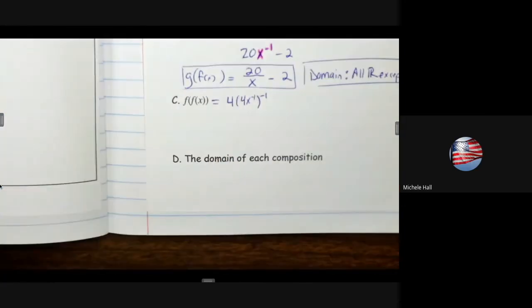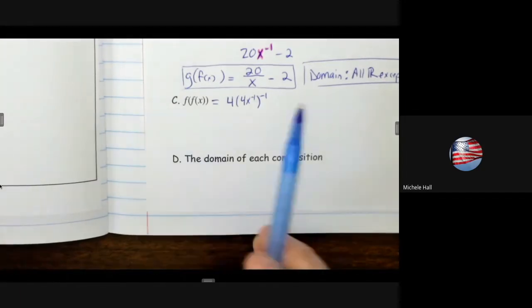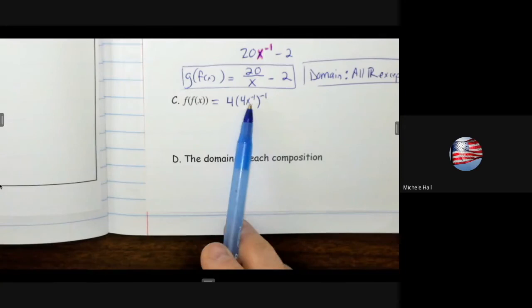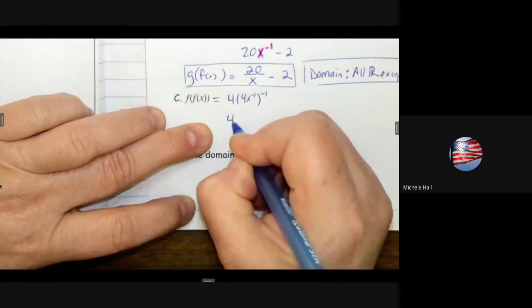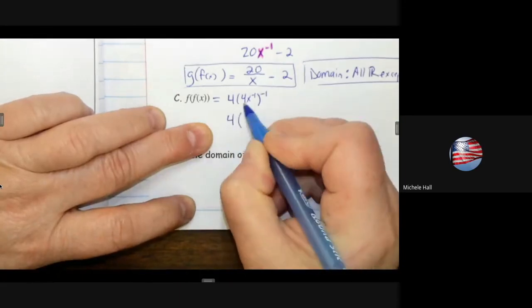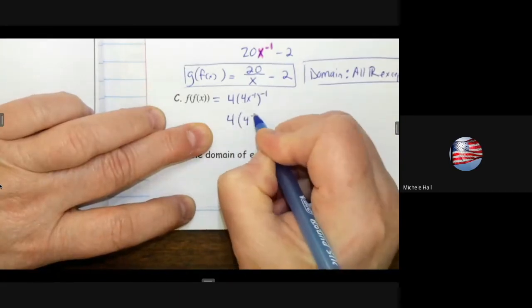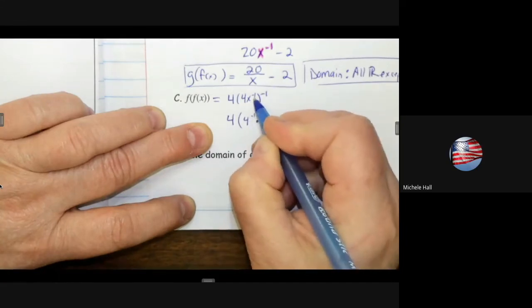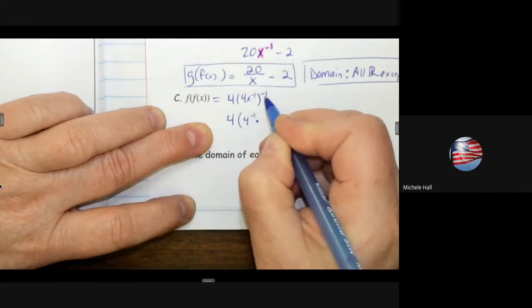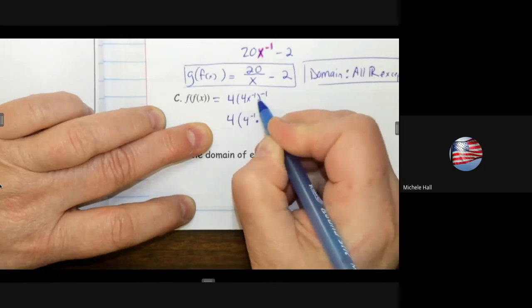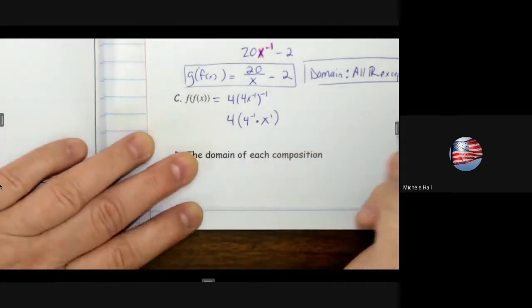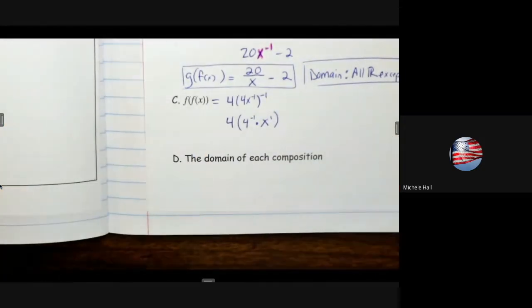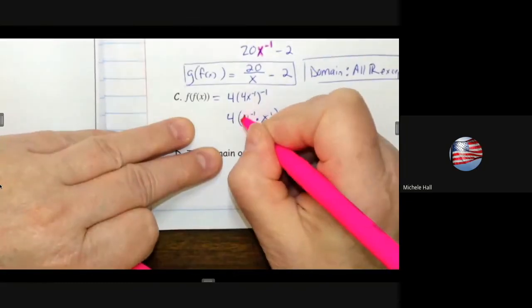What do we have here? I am going to start with applying the exponents. I have a product being raised to negative 1. So that's going to be 4 times 4 to the negative 1 times x to the negative 1 being raised to the negative 1. Power to a power, I multiply, and that makes it a positive 1. All right, the only problem area I have here for a negative exponent is the 4.